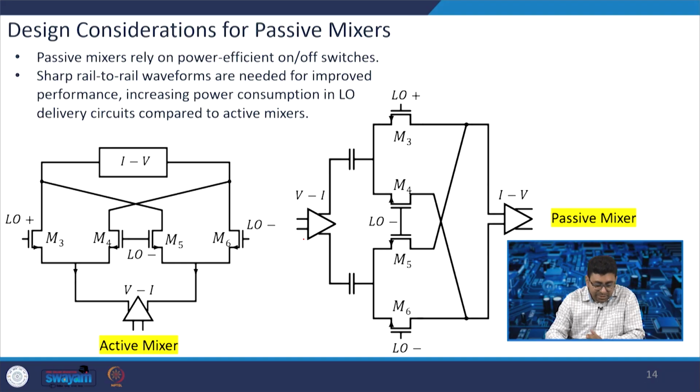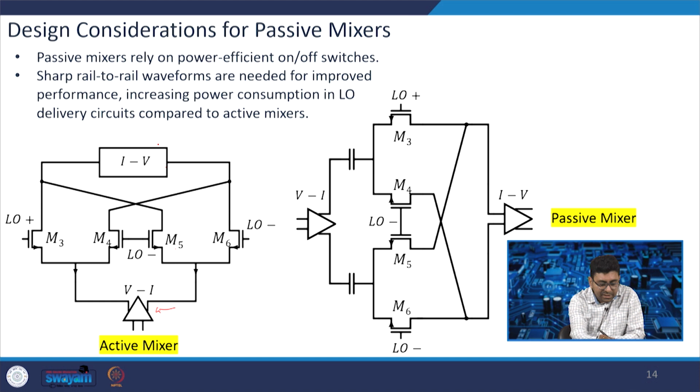If we consider the active mixer, the first step is a voltage to current conversion, and then this current is switched, and that current is again converted to voltage.